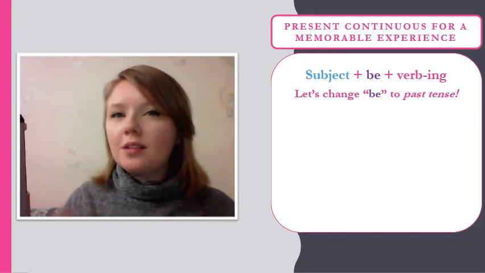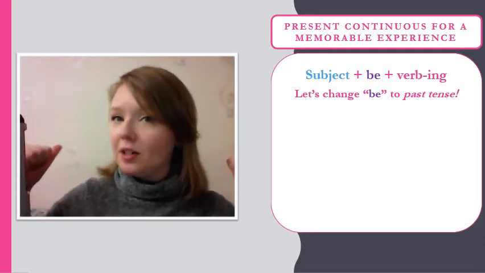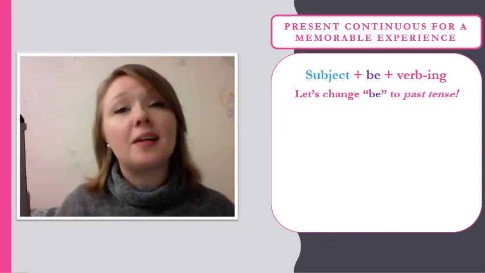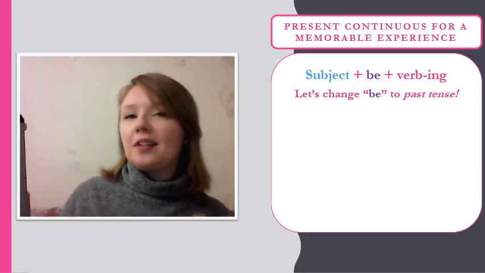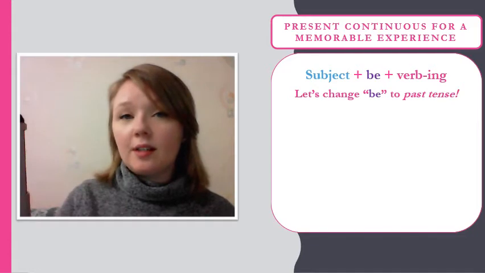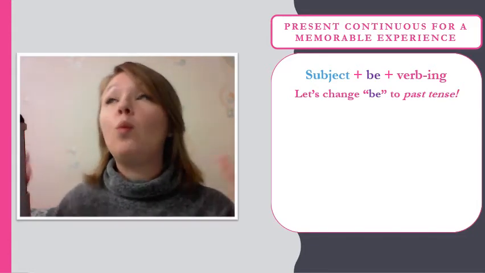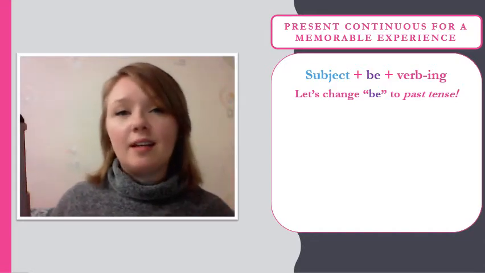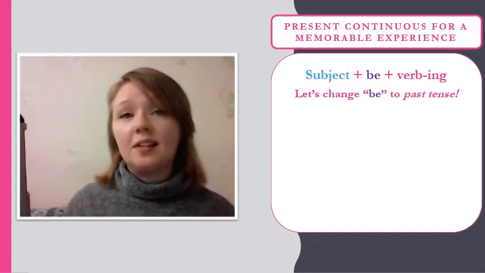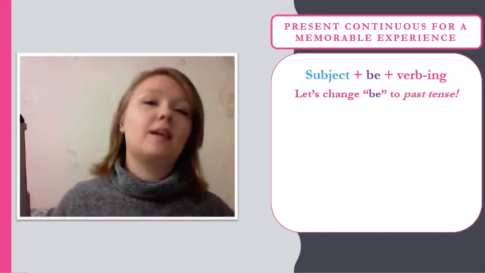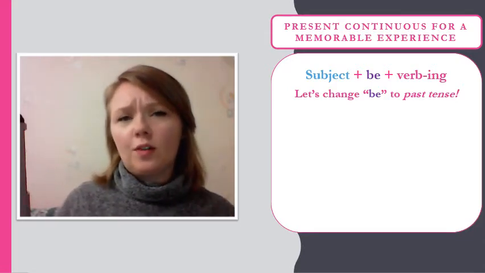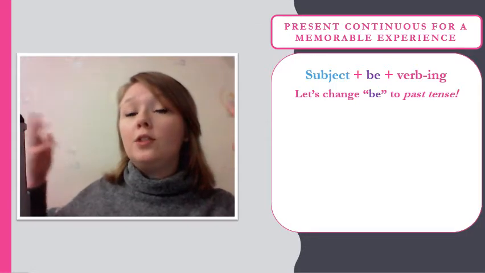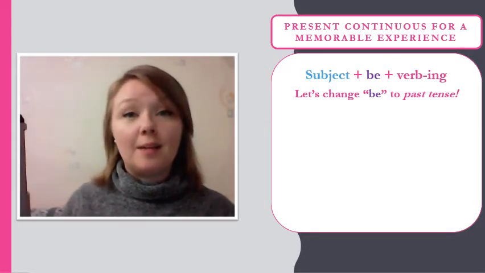And if we want to talk about a past experience, we can change the be verb to the past tense. So instead of I am teaching, it would be I was teaching. Instead of I am studying, it would be I was studying, and so on. This is very useful for talking about past experiences and what we were doing during that time.